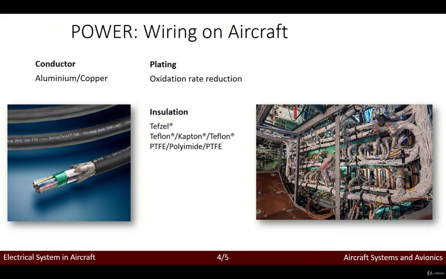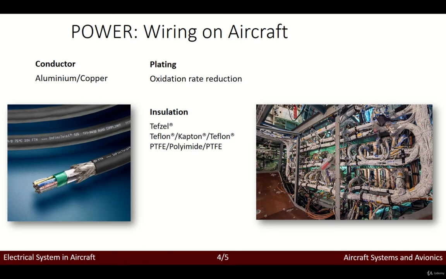Okay, and in terms of insulation, the type of conducting insulation material varies with the type of installation. Characteristics should be chosen based on environment, such as abrasion resistance, arc resistance, corrosion resistance, and many more. Commonly used insulation materials are PVC or Kapton, for instance.